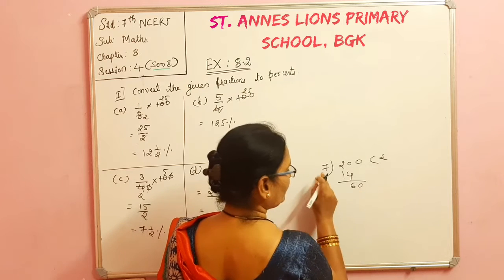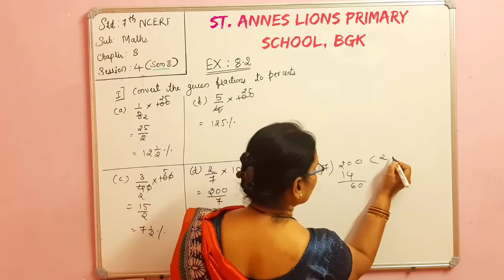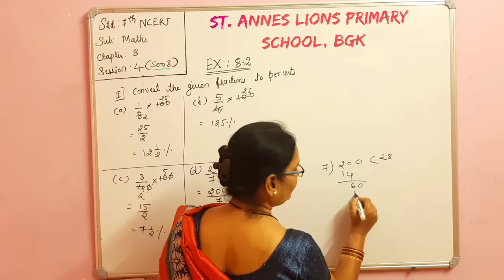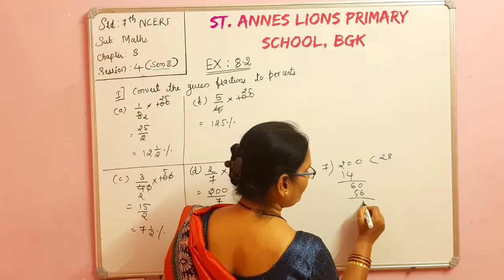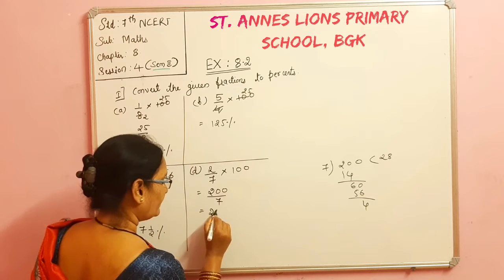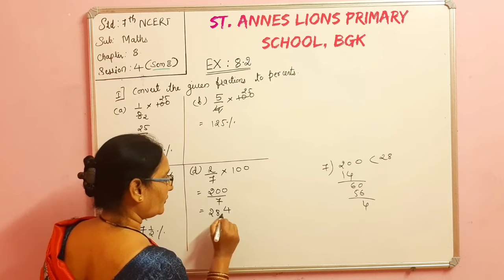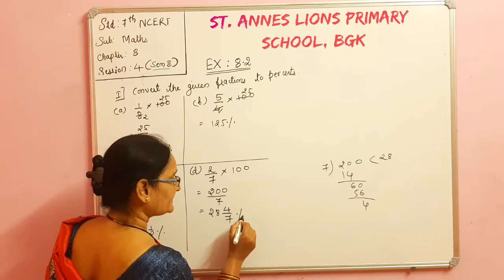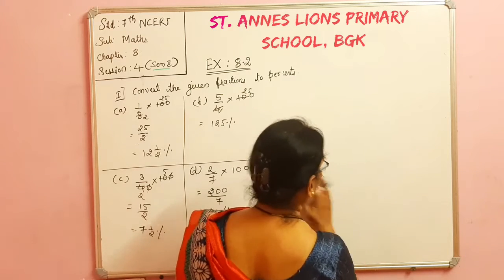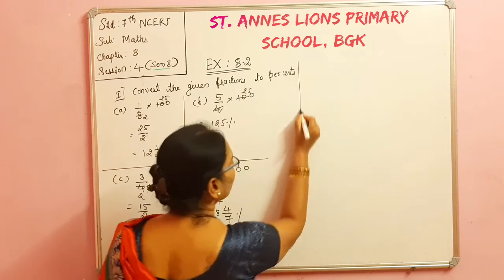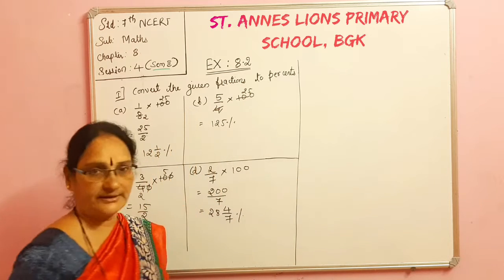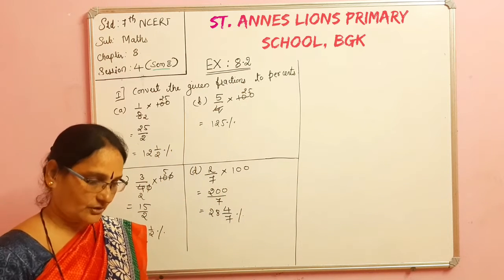Take 0 down. 7 eights are 56, 4 remain. So 28 integer 4 by 7%. So this is the method of converting the given fractions into percent. The first main got over.